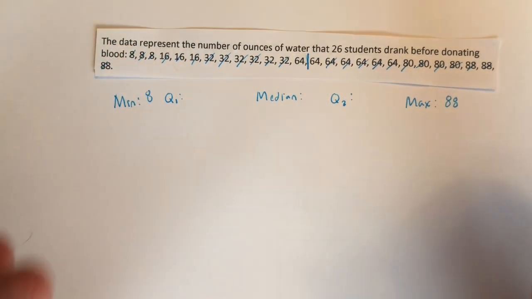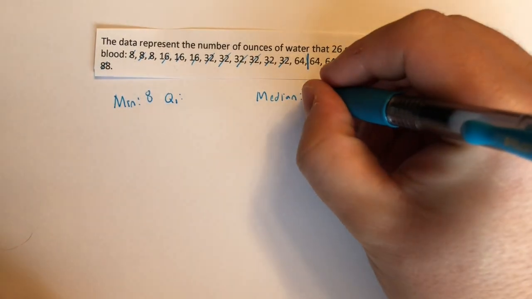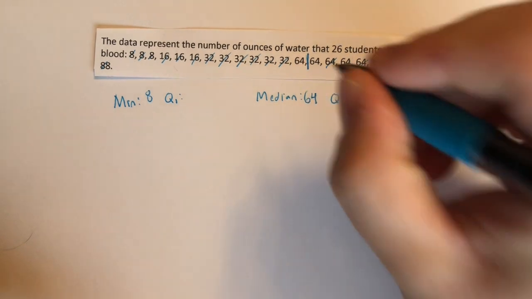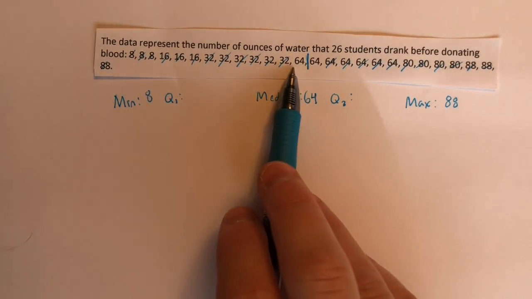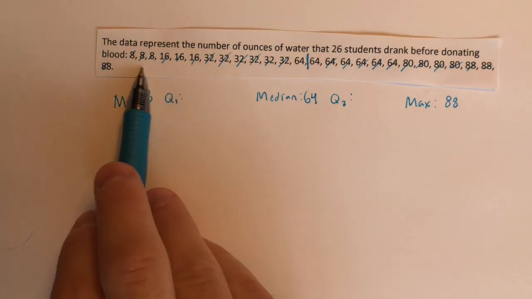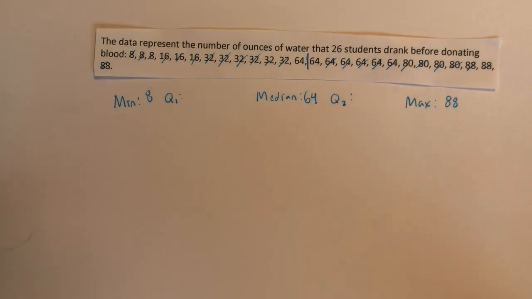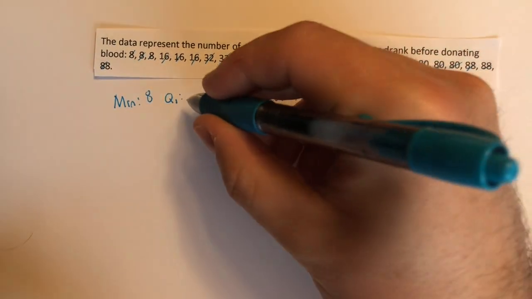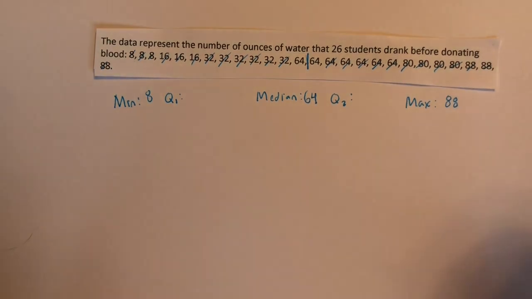And so right between those two numbers, halfway between 64 and 64 is just 64. So the numbers below this line is the lower half, the bottom 50%, and above it is the top 50%. So to find the quartile 1 and quartile 3, you have to find the median of those different sets.